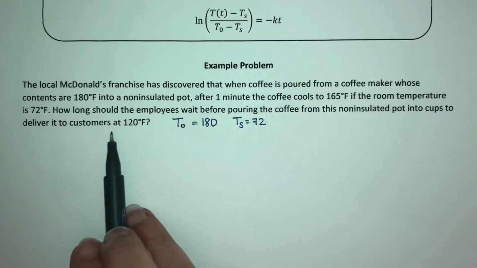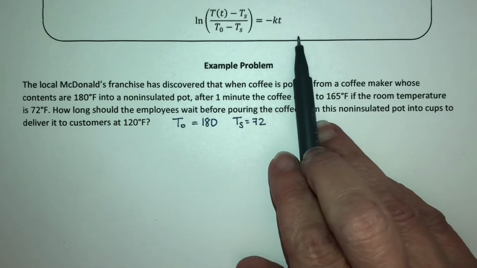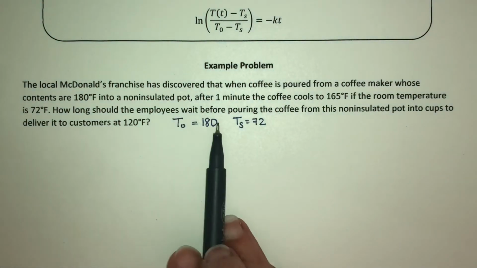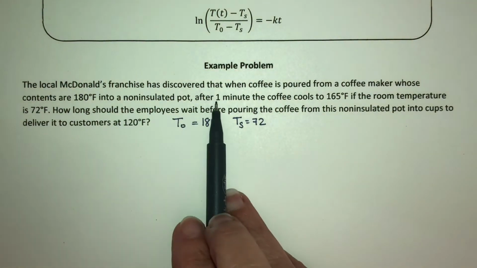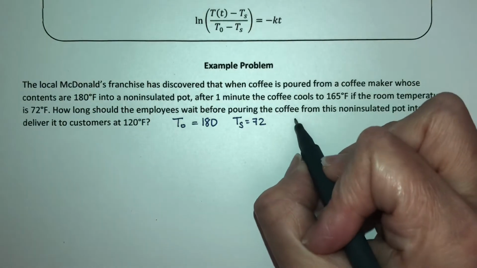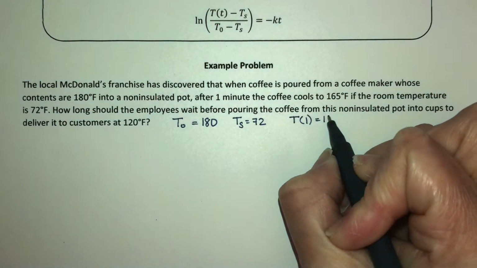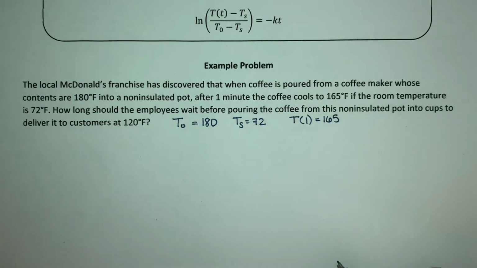Now, I'm going to be solving for k first, so I'm going to use the logarithmic form here. What I do know is that after 1 minute, so when t is 1, I get 165. So T of 1 is equal to 165.